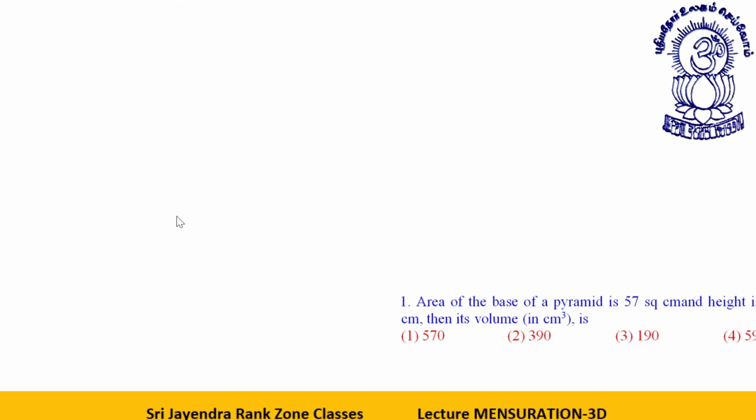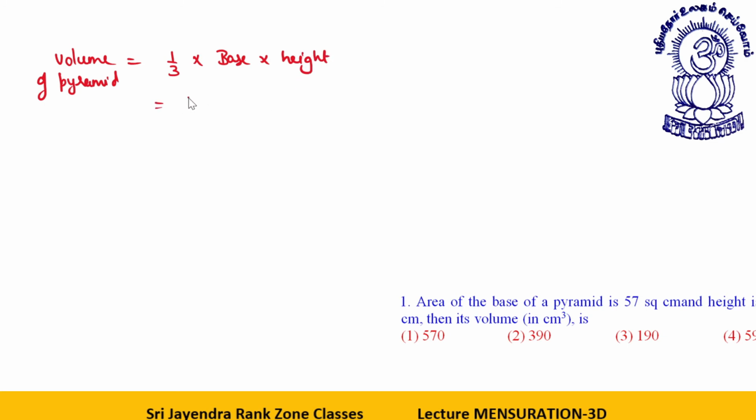Let's start with the first question. Area of the base of a pyramid is 57. Height is 10. What is the formula for volume? The formula for volume of pyramid is 1/3 into base into height.